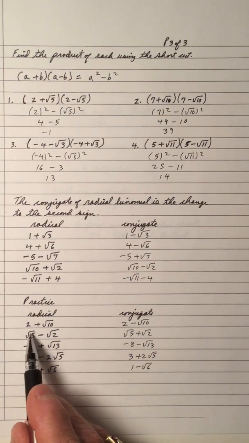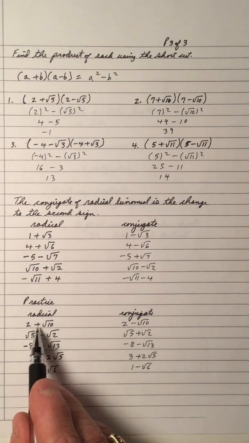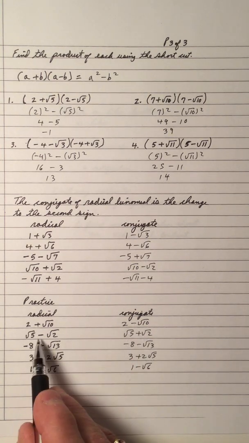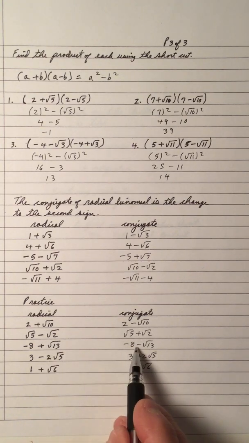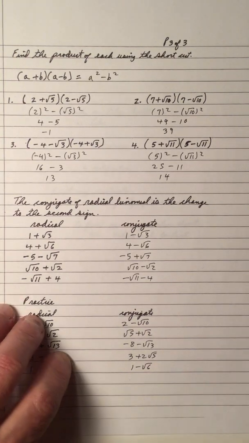Again, the first sign is not changed. The first sign is the same. It's the second one, plus to a minus, minus to a plus. We're changing the second sign when we do the conjugate.